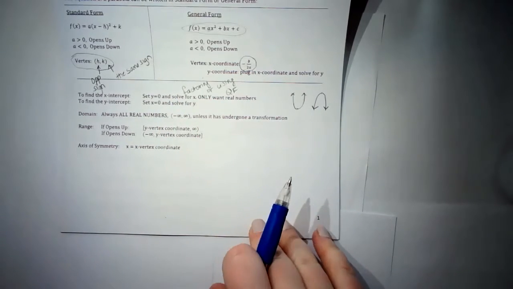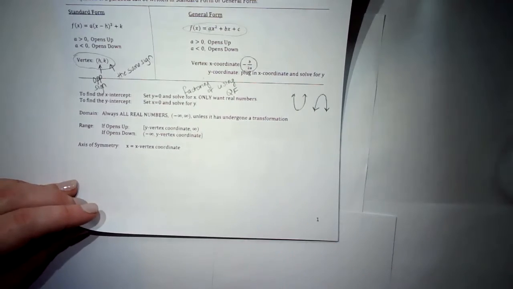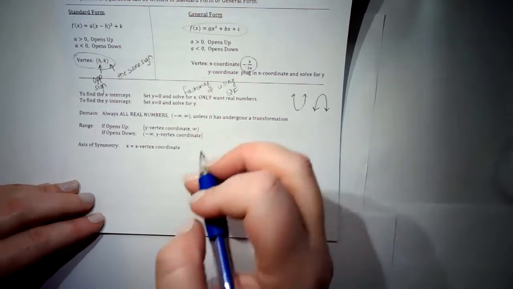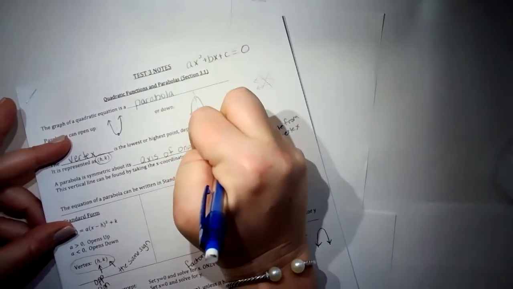We already talked about the axis of origin. Axis of symmetry is the same thing. Let me go back up here and put axis of symmetry also. Sometimes it's called axis of origin, sometimes it's called axis of symmetry.